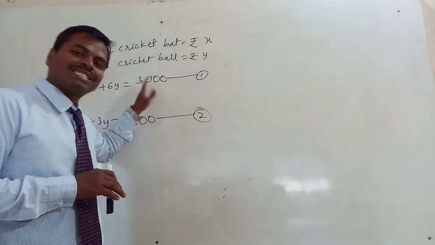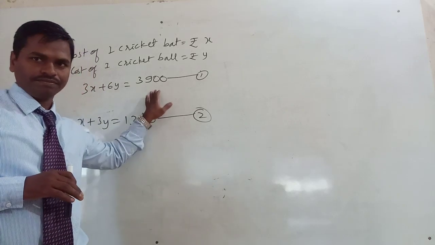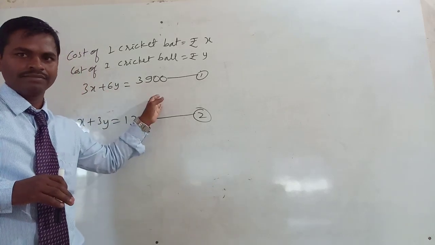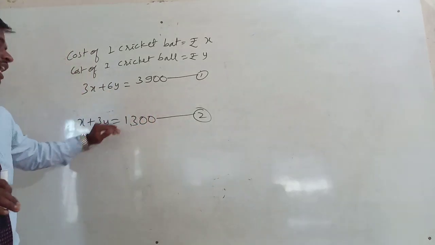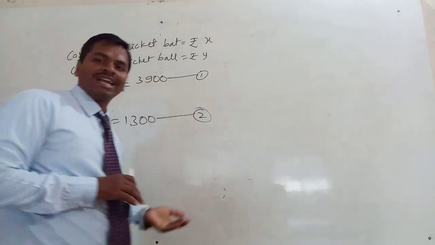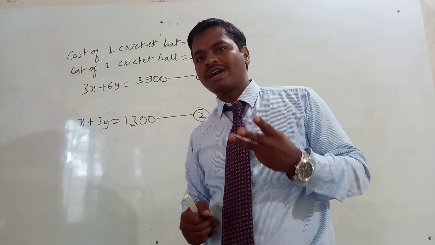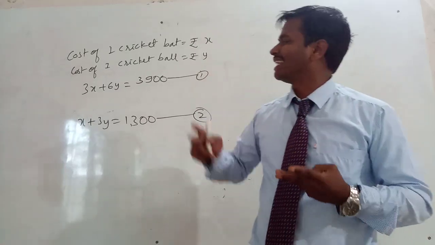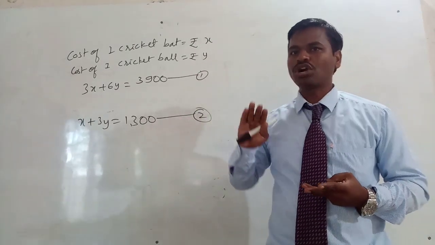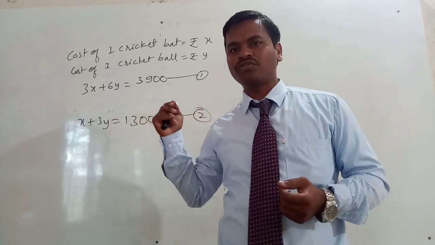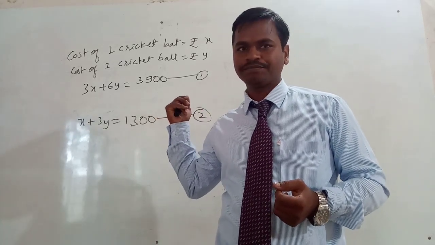Algebraically means the same equations in terms of x and y. Graphically means we first find the x and y coordinates, find the points, mark those points, then draw the graph. That is called graphical representation.